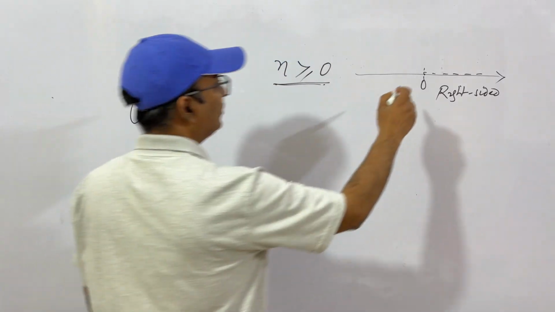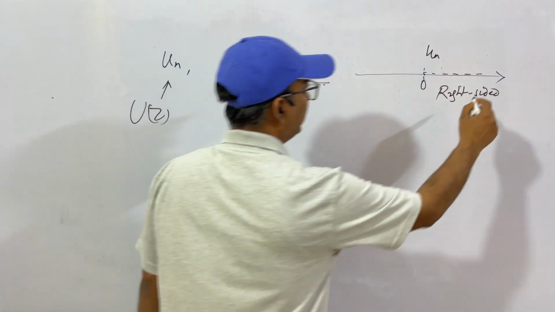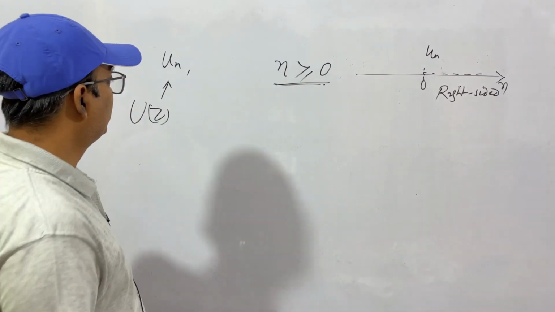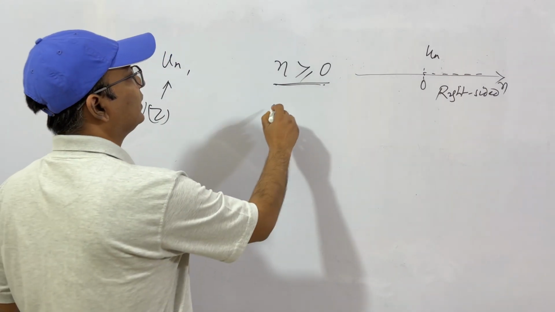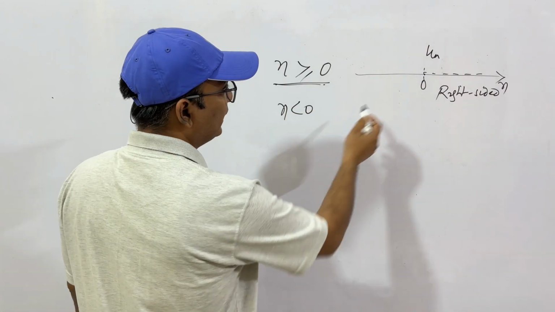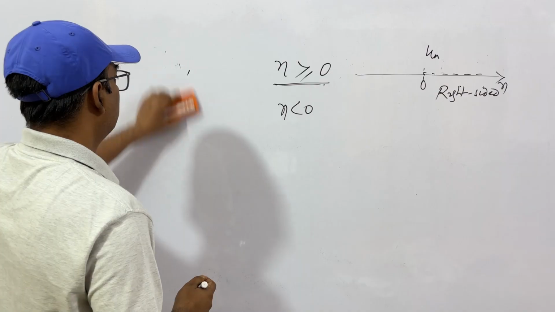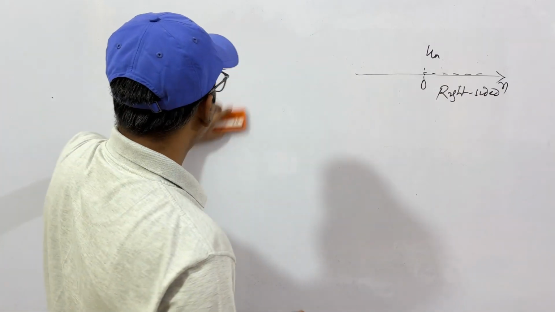So we have seen values of un on the right sided n plot only, but we can have n less than 0 also, that is the left side also. For that we'll have to understand what is the region of convergence.